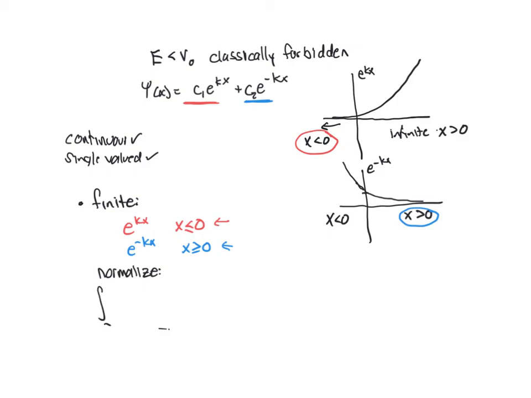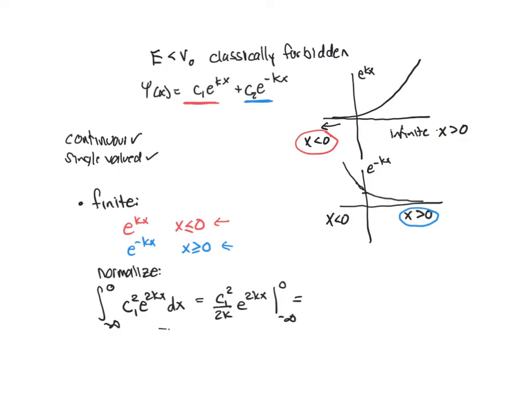So we have the integral from minus infinity to 0 of c1 squared e to the 2kx dx. And when I integrate that, I get c1 squared over 2k e to the 2kx, and I evaluate from minus infinity to 0.